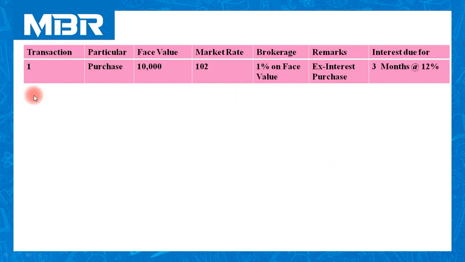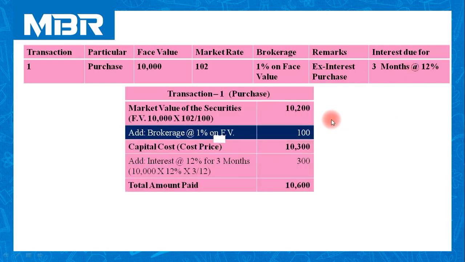So feel free. Number 1, purchase, face value is 10,000, market rate is 102, brokerage 1% on face value, remarks ex interest purchase, and it is due for 3 months.